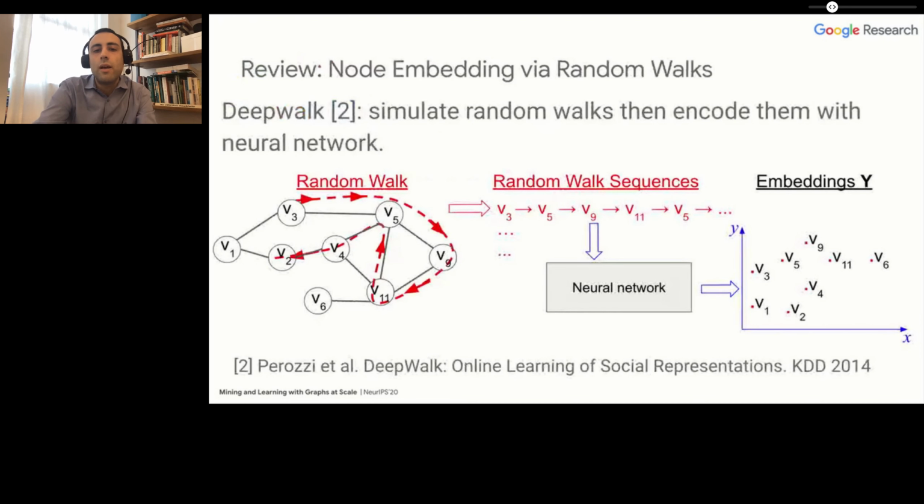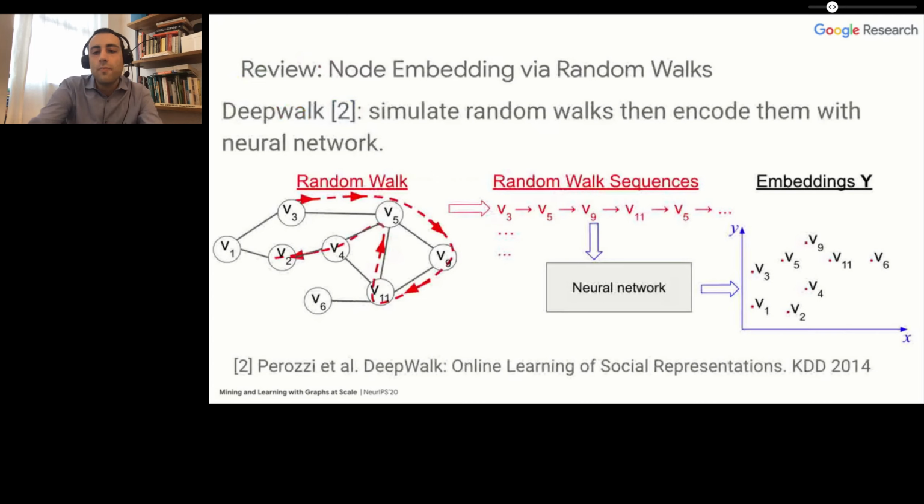So let's start with some basic technology. One of the first node embedding methods developed was DeepWalk by Bryan Perozzi. The way it works is that it simulates some random walks over the graph, and then it uses these random walks to embed each node in a single position of the space. The random walks are analyzed with a neural network as if they were sentences, where the node IDs are words in these sentences or tokens.